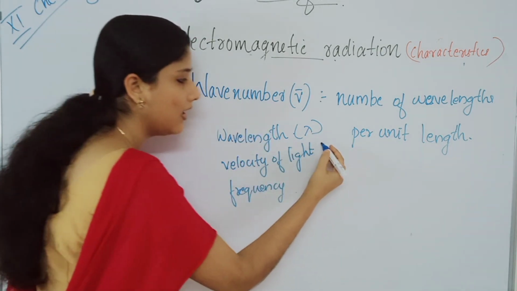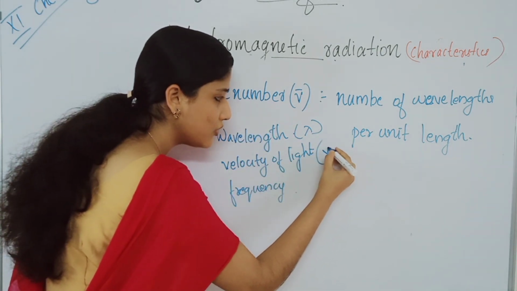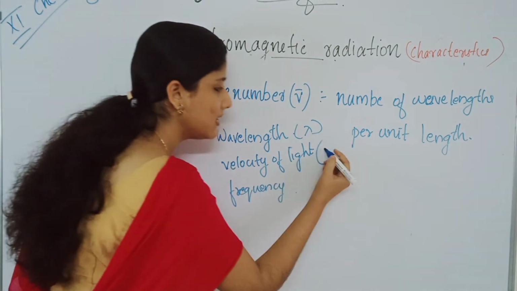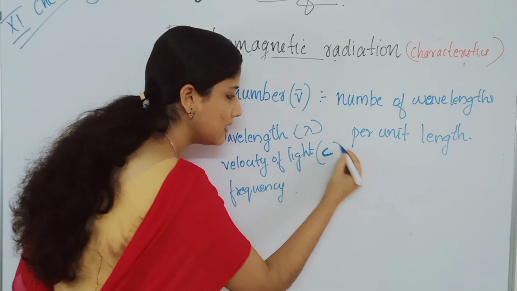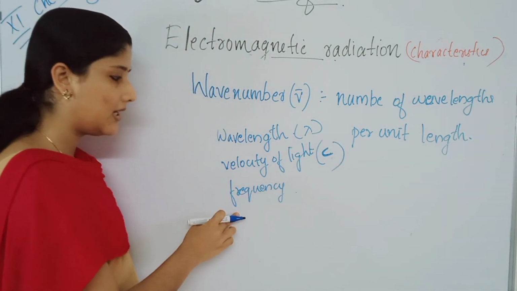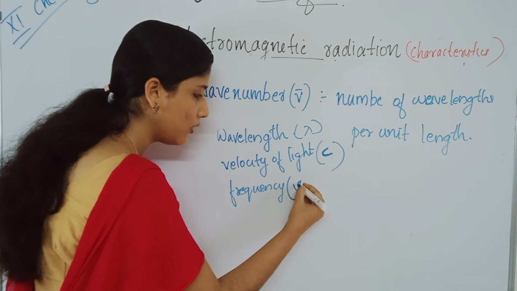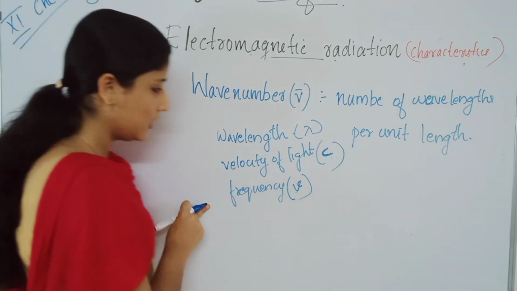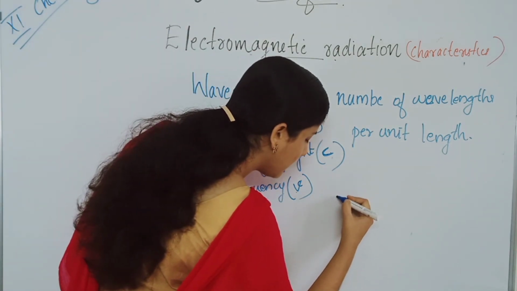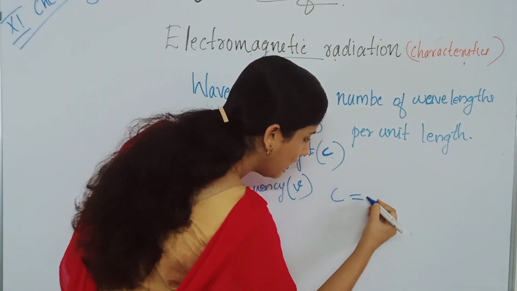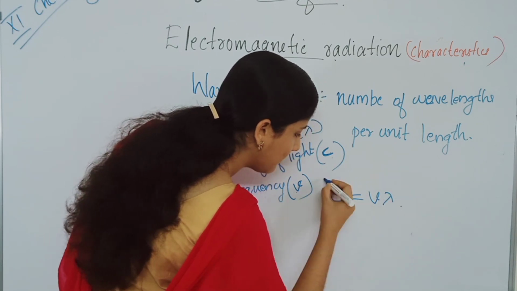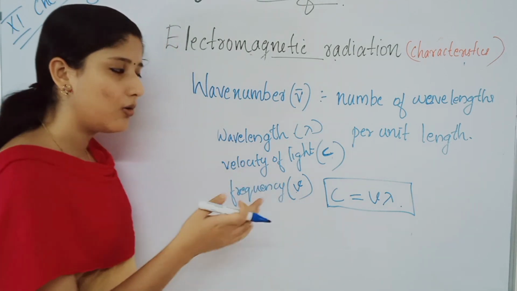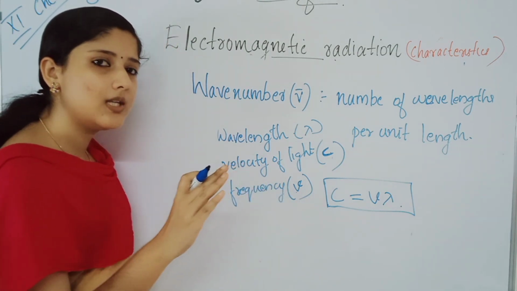Velocity of light we will denote by c. And the frequency of light is represented by ν. These are the three denotations. We will write the equation as c = νλ, where c is the velocity of light, ν is the frequency, and λ is the wavelength.